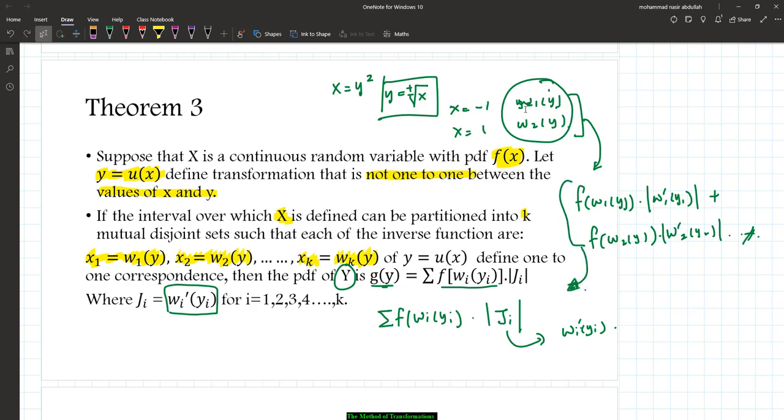So we can add all the values of the positive and negative sides. If we have 2, 3, 4 values, we can add them, following the rule, okay?